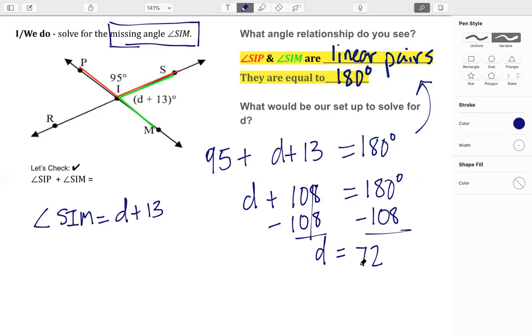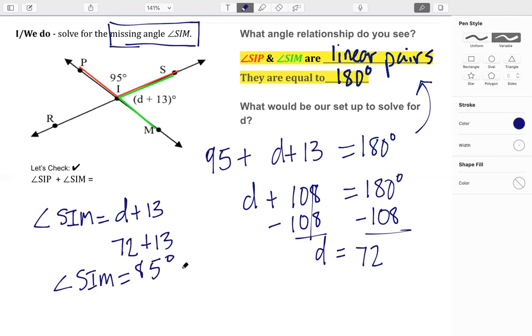So we replace D with 72. So plug it in. All right, and then we add 72 plus 13. When I add those two together, I get 85. So the value of angle SIM is 85 degrees.